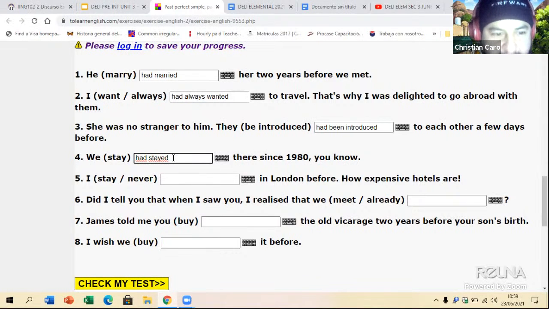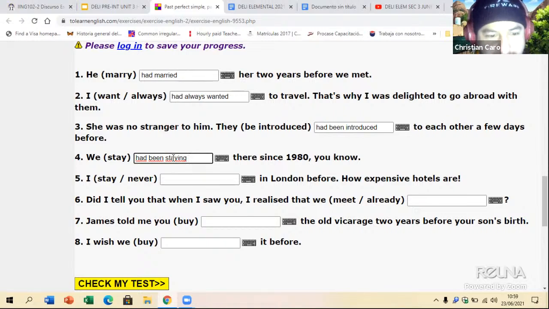Tamara Vilches says, we had been staying there since 1980, you know. Catalina Martínez Conde also says we had been staying. Samuel Lopez, sorry. We had been staying there since 1980, you know. Okay, let's contract it. We'd been staying there since 1980, you know. Sounds pretty good to me. Habíamos estado quedando ya desde el año 80. You know, chicos.